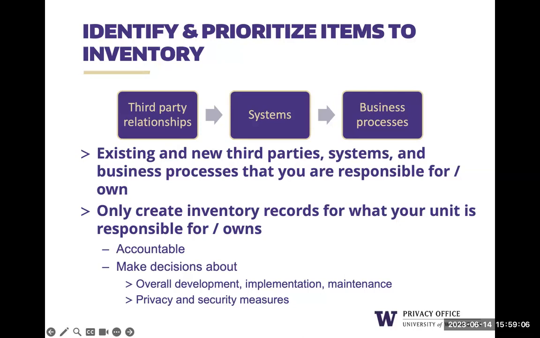The units that own or are responsible for these should also be able to provide the most accurate information, and will be the units that would respond to privacy assessments if requested. Units that own or are responsible for making decisions about the overall development, implementation, and maintenance, including privacy and security related measures, should inventory these things.